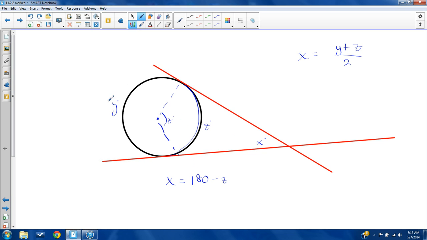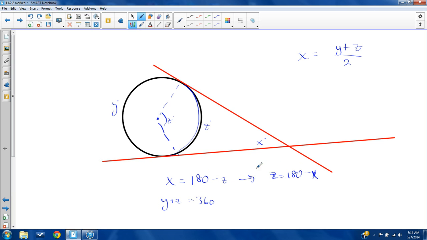We also know that y plus z is 360, because if y is this major arc right here, and z is this minor arc, that completes the entire circle. So y plus z equals 360. Okay, I'm going to transform this equation. I'm going to put z is 180 minus x, because that's also true.